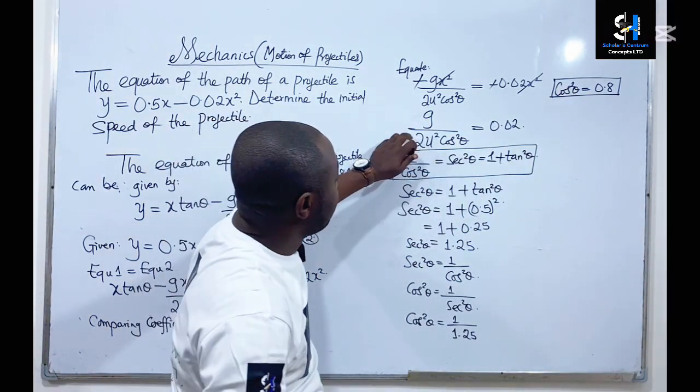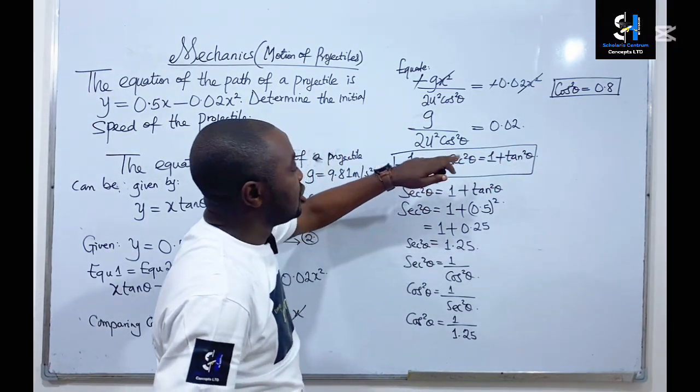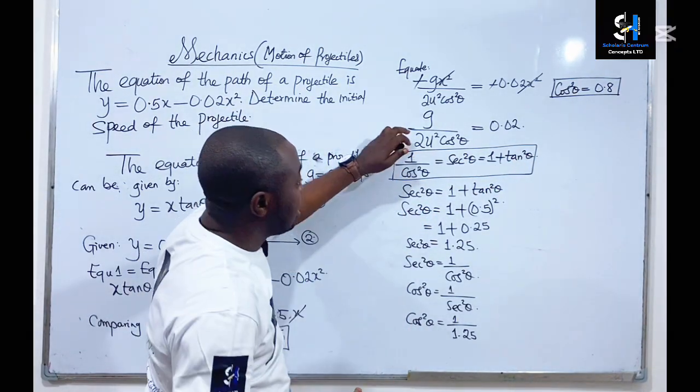Now we substitute 0.8 for cos squared theta in the equation.